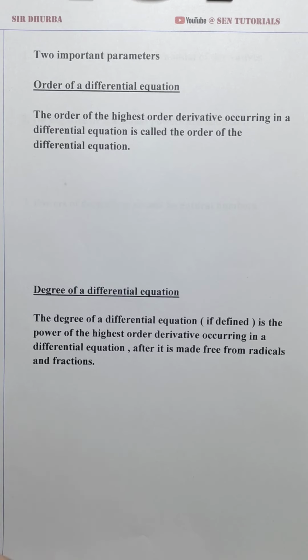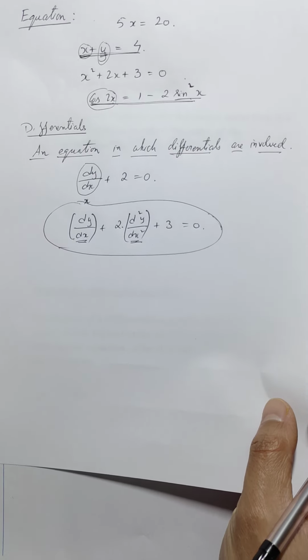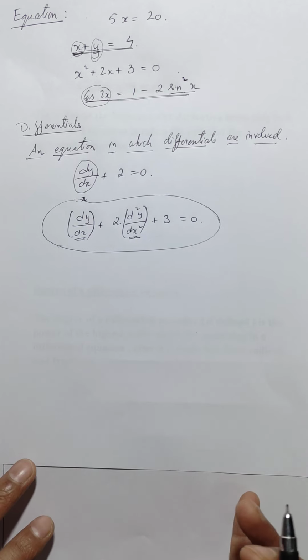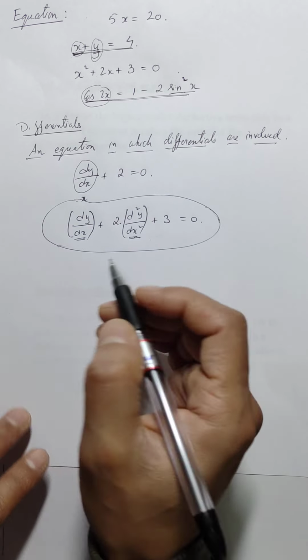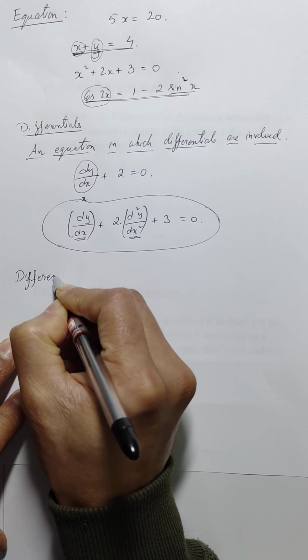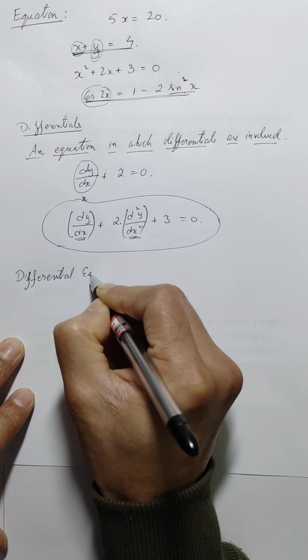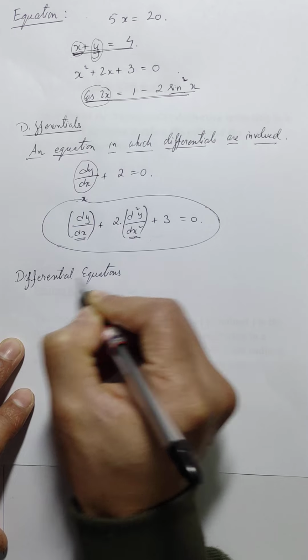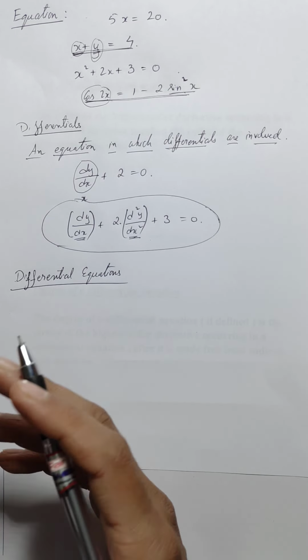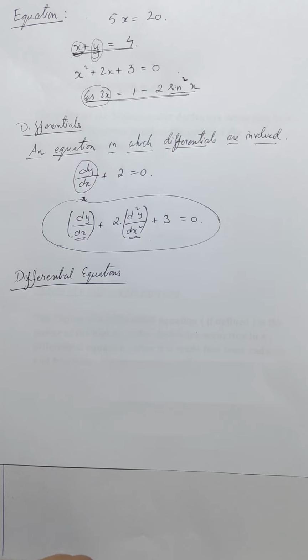Now before we go for order and degree of a differential equation, let me try to simplify differential equations once again. Definitions are mentioned, but here are simple definitions which we try to make you understand.